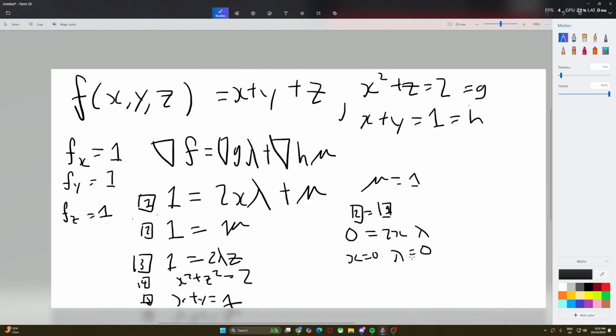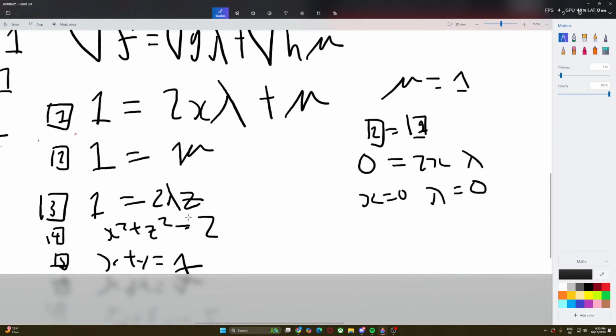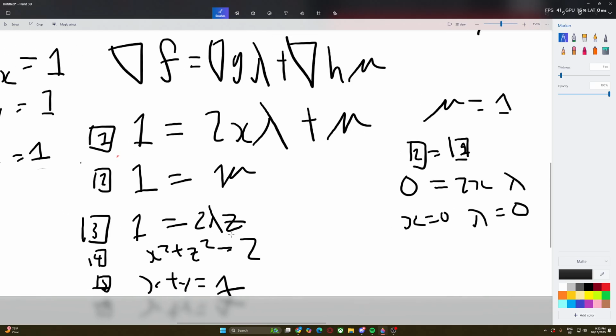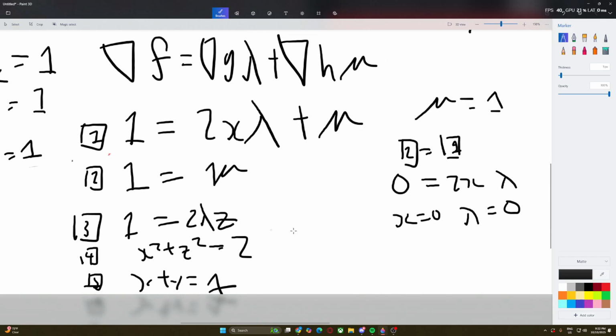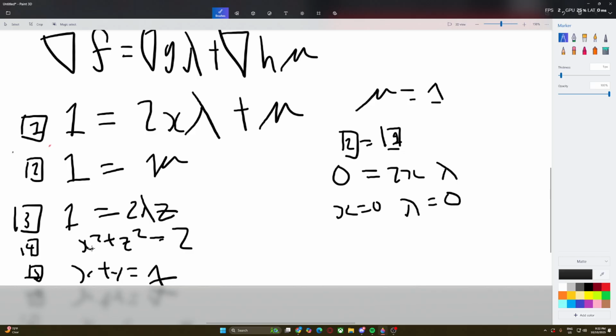I think that's lambda. So, with this, we can connect it to some equations, like this one. If we plug in x equals 0 into 4, we get z squared plus 0 equals 2, so z equals plus or minus square root 2.